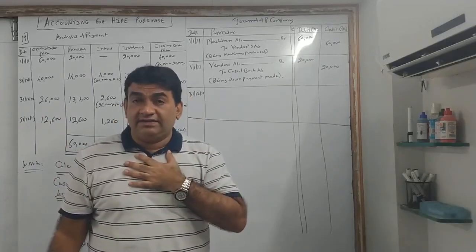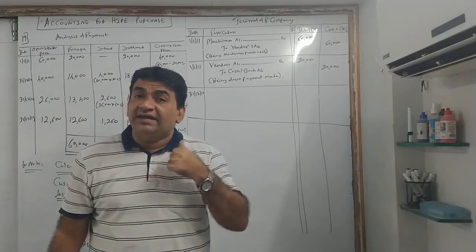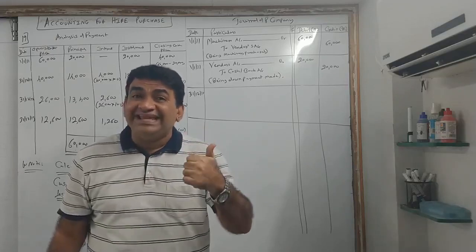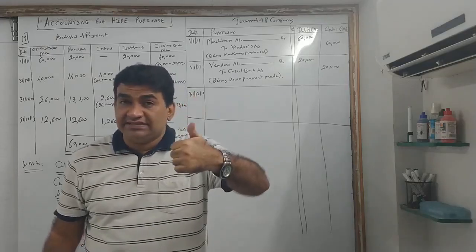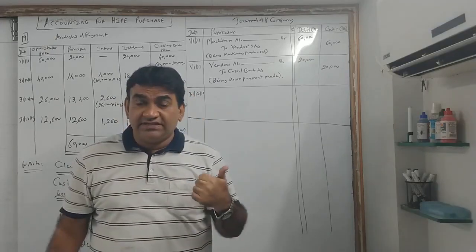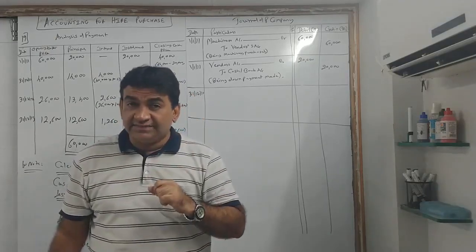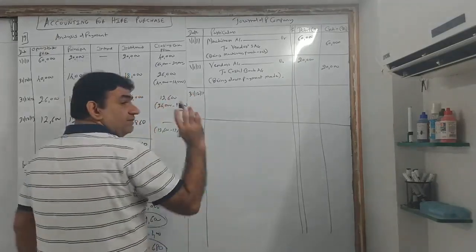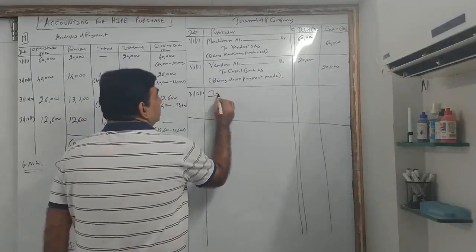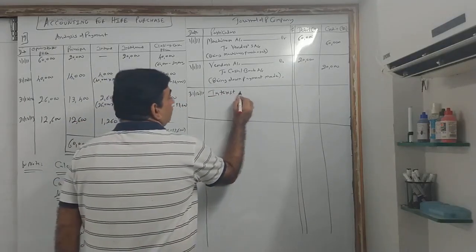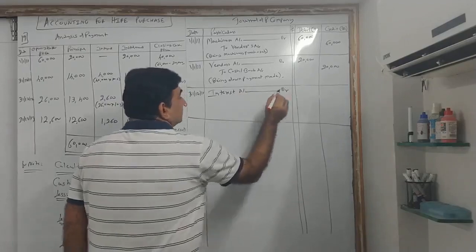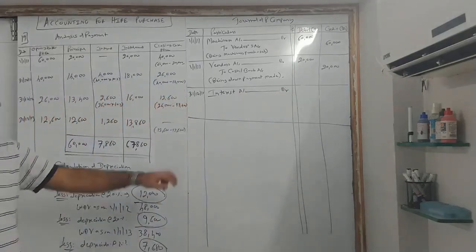I am the buyer. We are doing in the books of buyer. For me, interest is an expense. Interest I have to pay, so it is an expense, so I will debit interest.